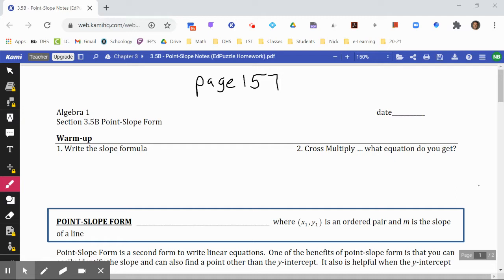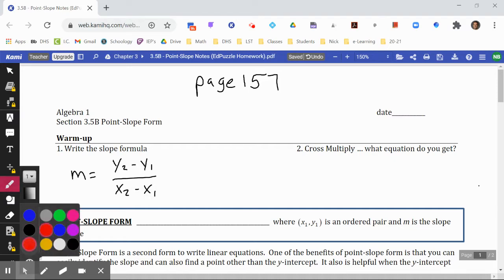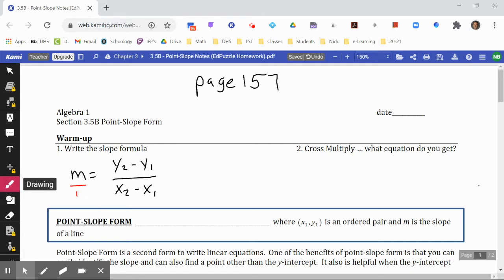All right, so let's see, how do we get point slope form? Well, it comes from that slope formula. Our slope formula says m equals y2 minus y1 over x2 minus x1. All right, and now we're going to cross multiply this. So when we cross multiply, we can make this a fraction on our left side.